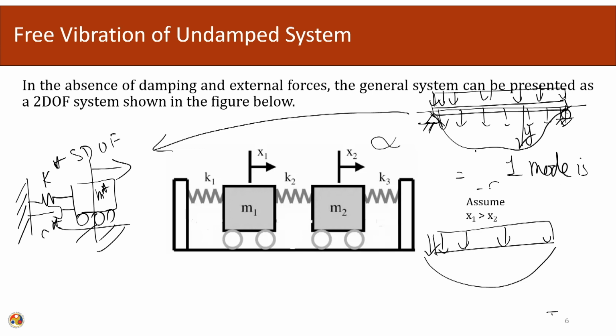Maybe the first mode contributes 90% to the total displacement. The maximum displacement in this particular case is going to occur at the center. So, the center vertical deflection we choose as the degree of freedom.